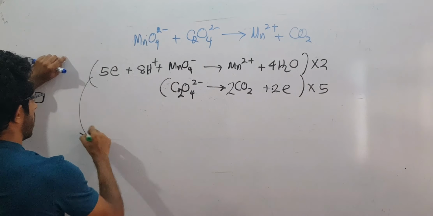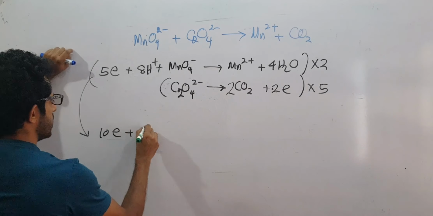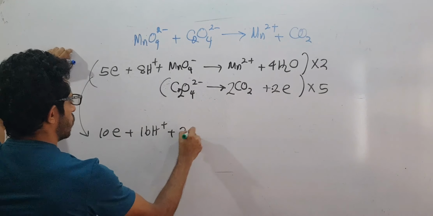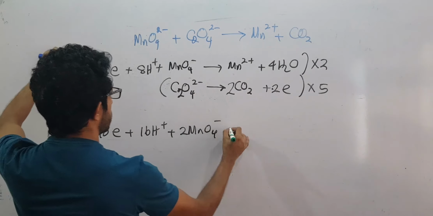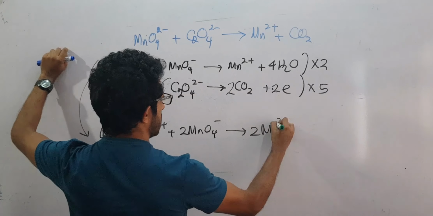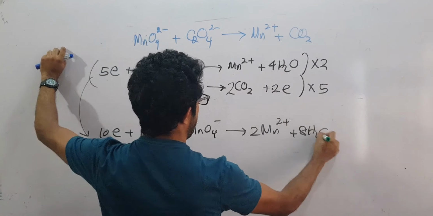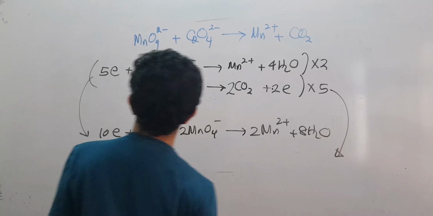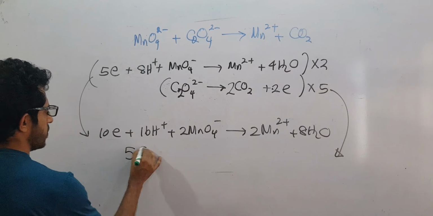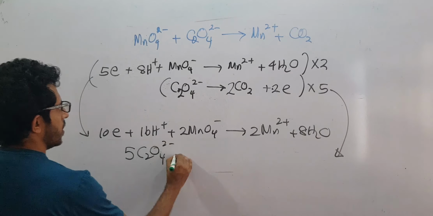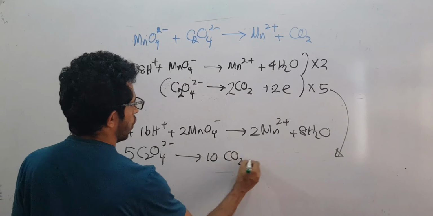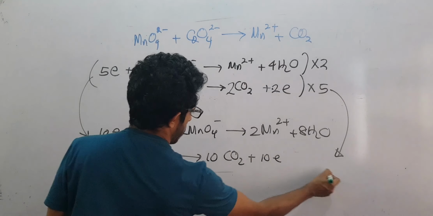So this will come like 10 electrons plus 16H plus, 2 MnO4 minus gives 2 Mn2 plus, 8 H2O. If I multiply this by 5, 5 C2O4 2 minus gives you 10 CO2, carbon dioxide, and 10 electrons.